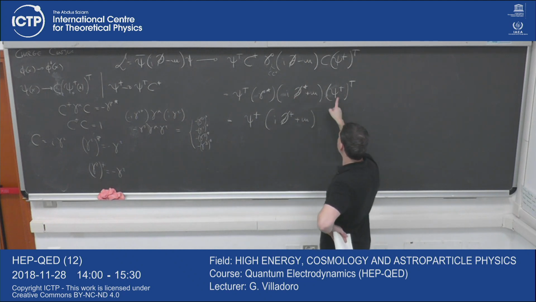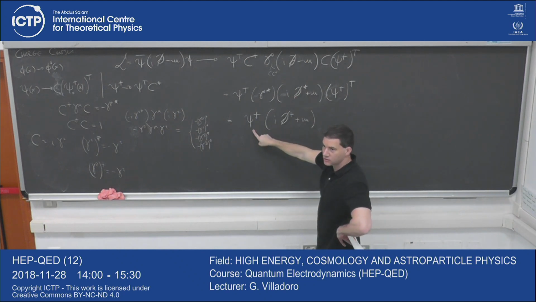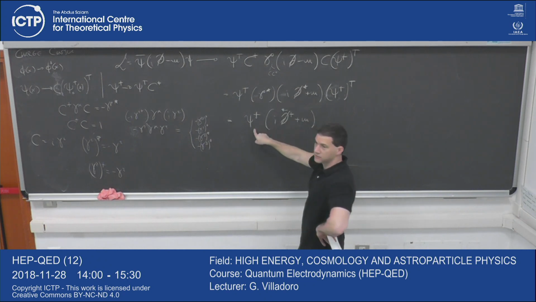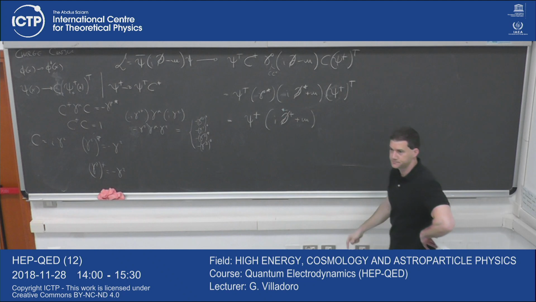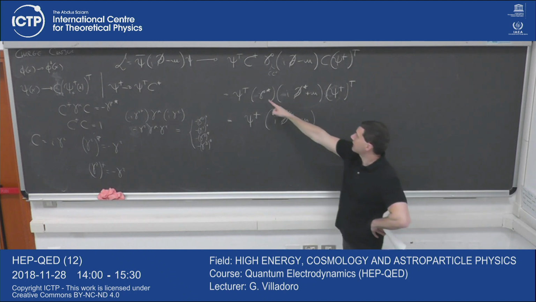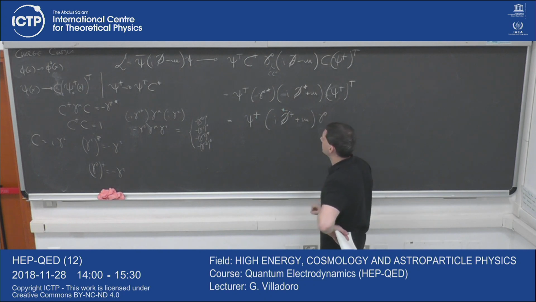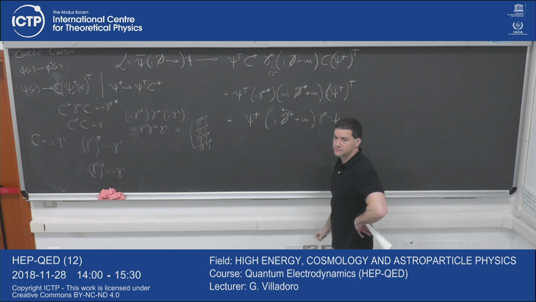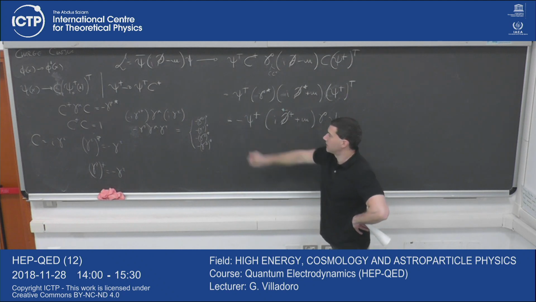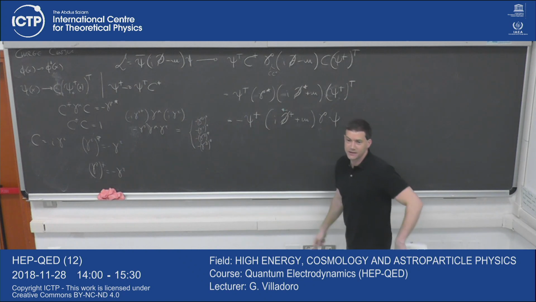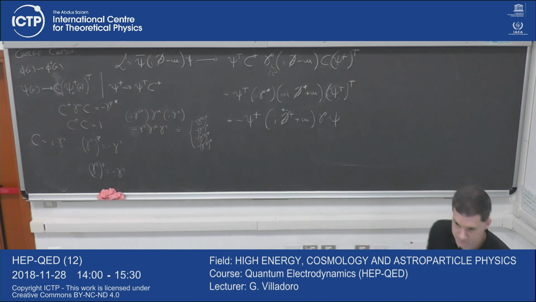And this derivative was acting on this field, which now flipped on this side. So I have to remember that this derivative acts on this field here. Then I get gamma 0 dagger, which is equal to gamma 0, and psi here, and the minus here. Why? The last minus.